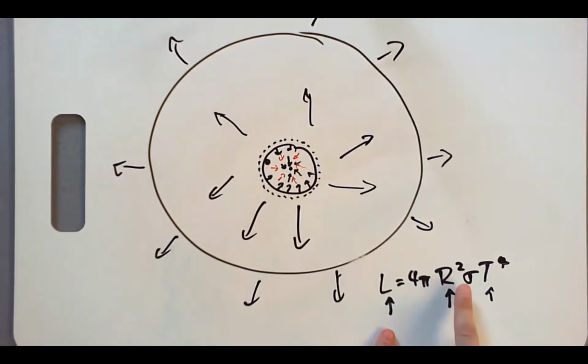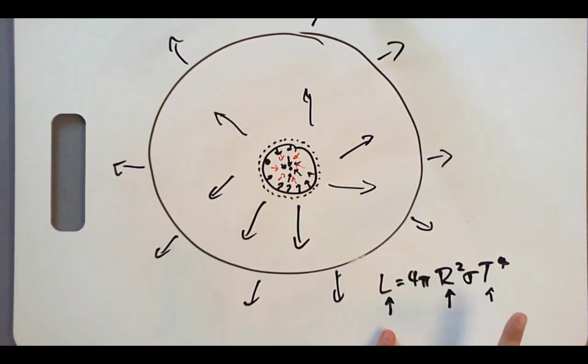It turns out that this square makes a big difference. Both the luminosity and the radius increase a lot. The surface temperature actually goes down, because the radius increasing, the square power of the radius, beats the luminosity increasing.